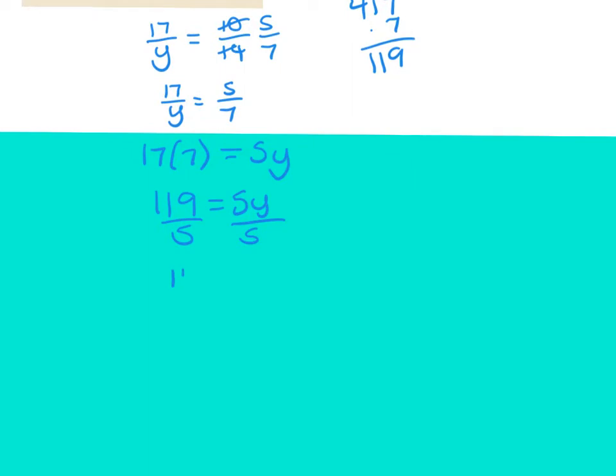So this is 23 and 4/5. Yes, 4/5 is an answer, or 23.8 because it terminates is an answer. Questions on that one? So those are the 3 theorems in that section.